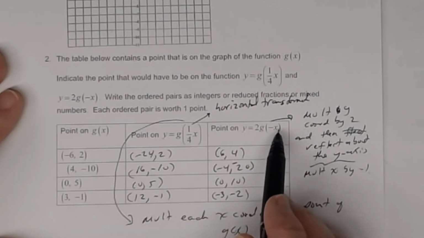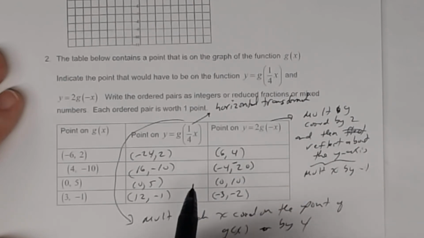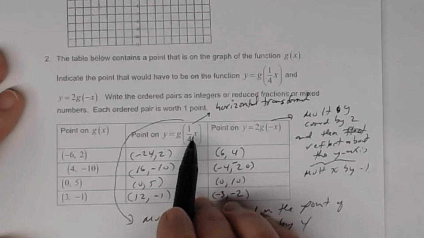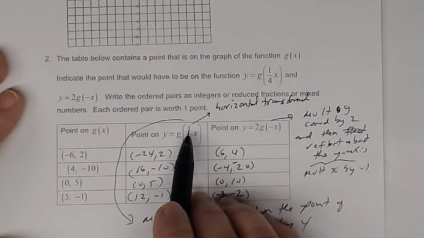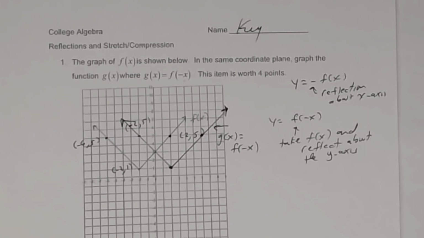This part here is a reflection about the y-axis, and then I take the y-coordinate and multiply by 2. This here, which is the more difficult one for students, is a horizontal transformation. That says I take each of those x-coordinates and multiply by the reciprocal of this coefficient. And that's it. That is the key to this worksheet.